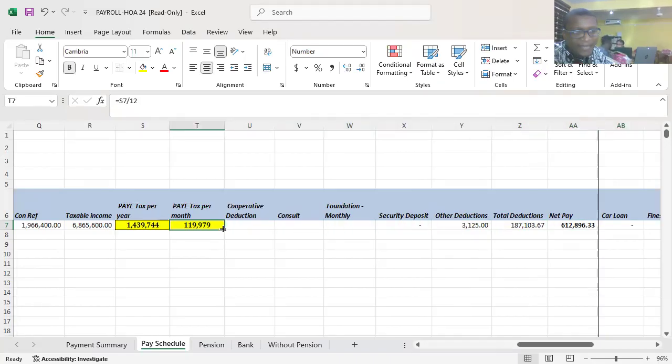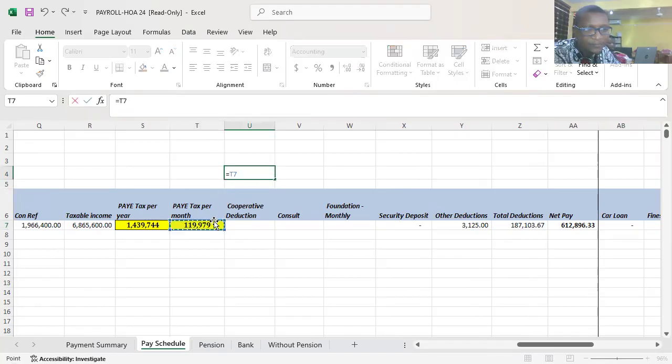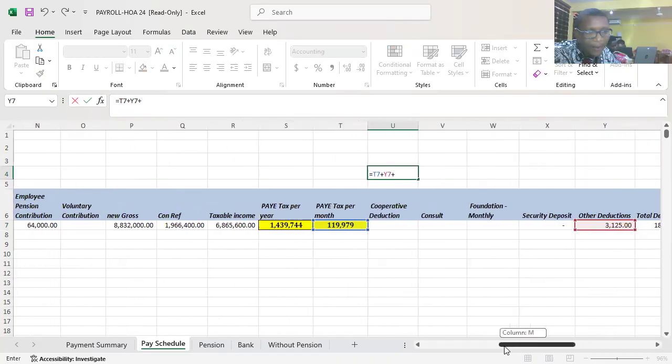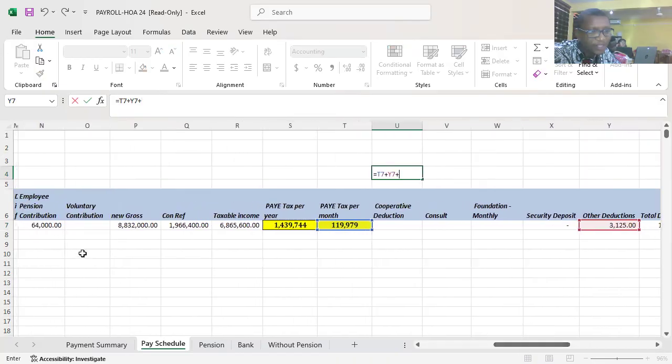It means our tax, let's confirm it here, this amount plus these other deductions plus our pension. Our pension is how much? Our pension is 64,000.